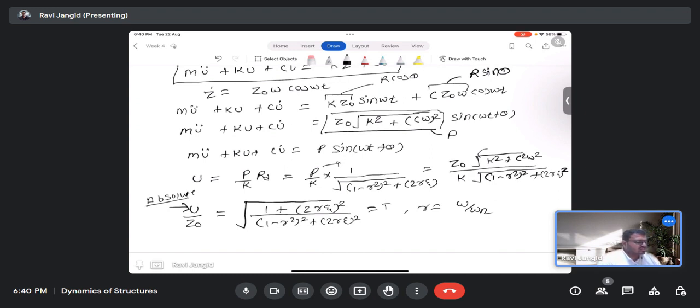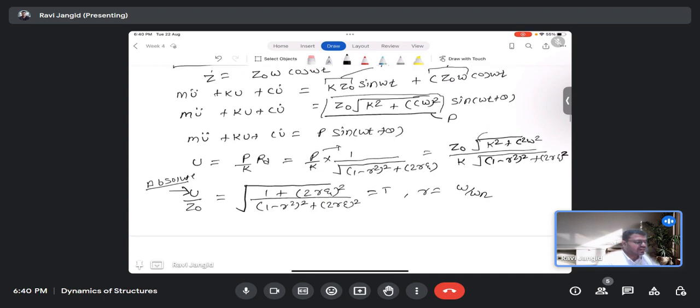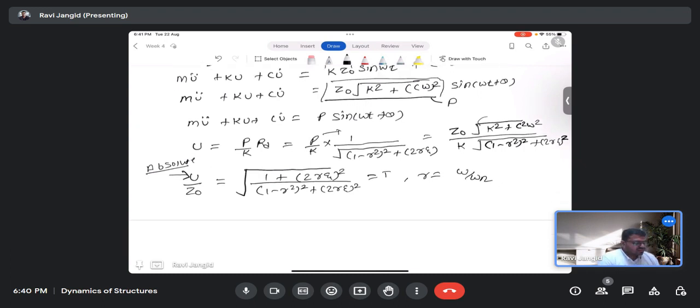For this, you need to find out omega and omega n. The speed of the vehicle is given to you as 100 km per hour, which can be written as 27.78 meter per second.